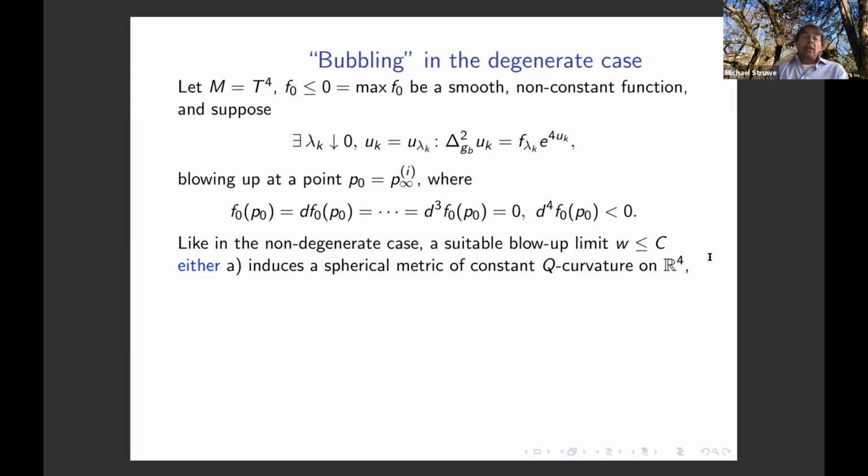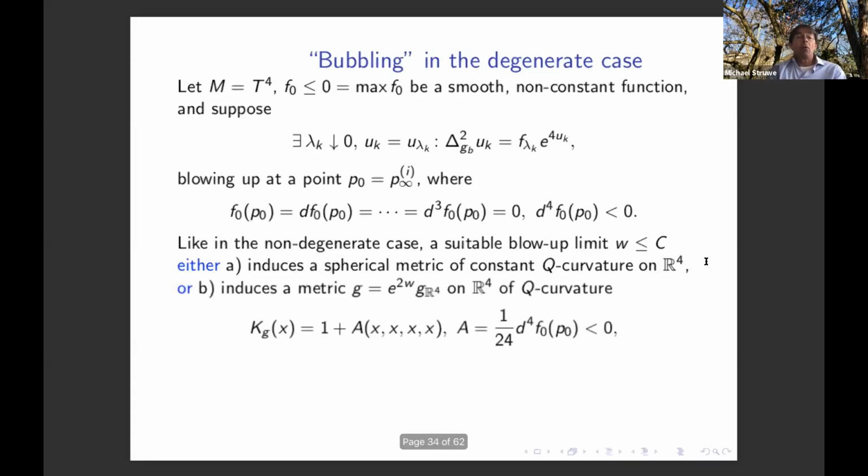So in that setting, we can expect to have a blow-up limit w, which is bounded from above, and which either induces a spherical metric of constant Q curvature on R4, or induces a metric of Q curvature given by K equal 1 plus A, a fourth order 4-linear form coming from the fourth order derivatives of f0 at the blow-up point.